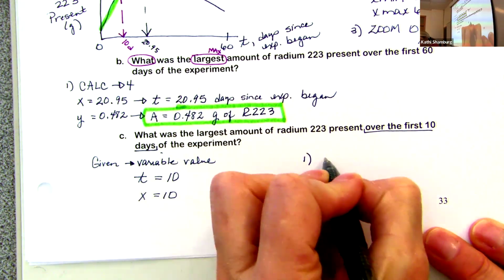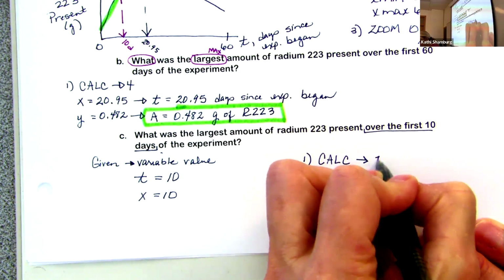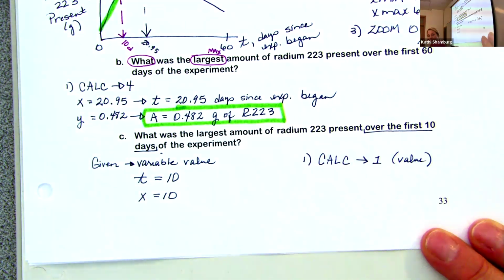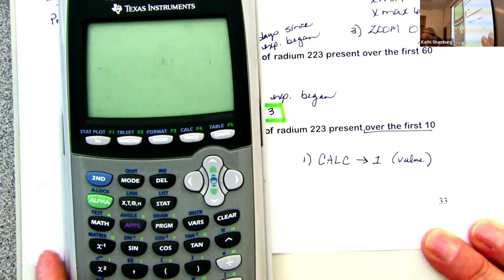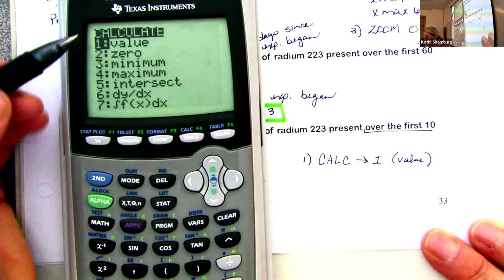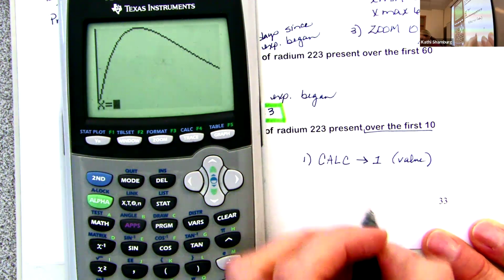So you're going to go to your calculator and you're going to do second calc, 1, which is value. And it's asking me to put that value in.